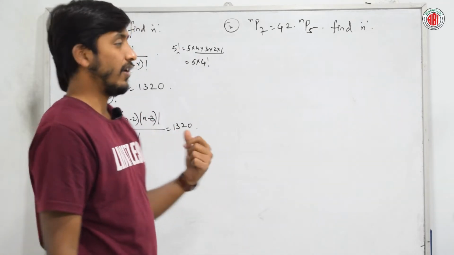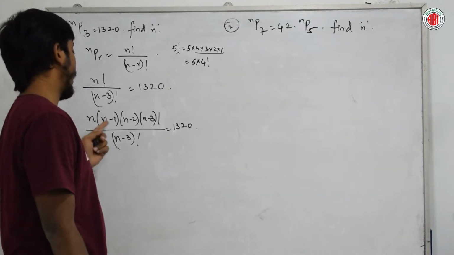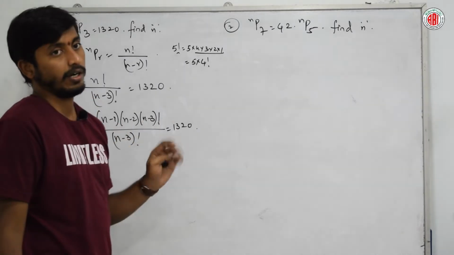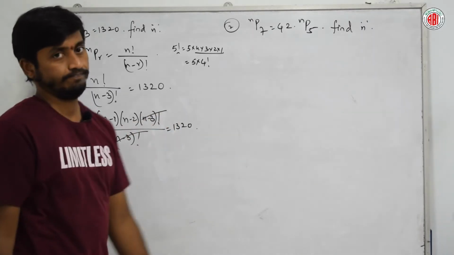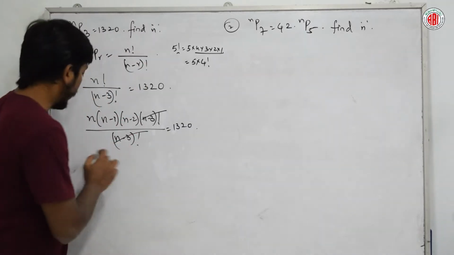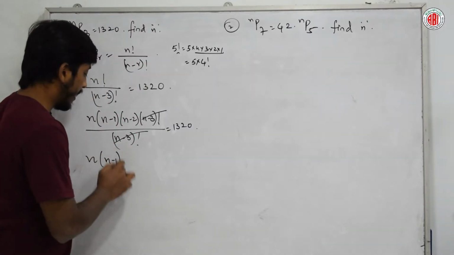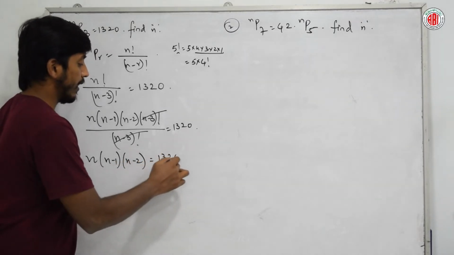Clear? The same thing we are going to do here. Instead of n factorial, we will write it as n, n minus 1, n minus 2, n minus 3 factorial. Why? So that we can cancel these both. Right?